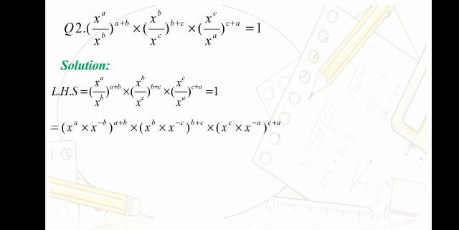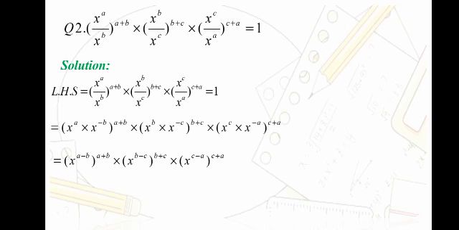Similarly, x raised to power b will remain same, and x raised to power c will move towards the numerator. It will become minus c. So we will write x raised to power b multiplied by x raised to power minus c, whole power b plus c, into x raised to power c, and x raised to power a will move upward. It will become negative. So it will become x raised to power c multiplied by x raised to power minus a, whole power c plus a.